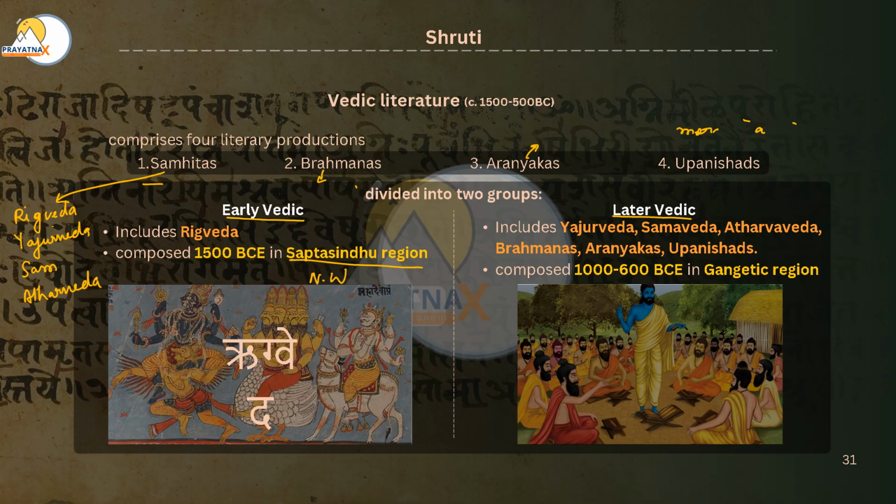Now on the other hand, in the later Vedic age, it includes all the other texts except Rigveda of the entire Vedic literature. Now this was composed in the Gangetic region. Now we'll see that in the later Vedic periods, the Aryans basically migrated from the Sapta Sindhu region to the Gangetic plains. Now the Gangetic plains mostly includes the region of Ganga, Yamuna, Doab.